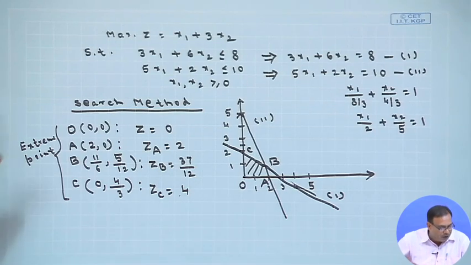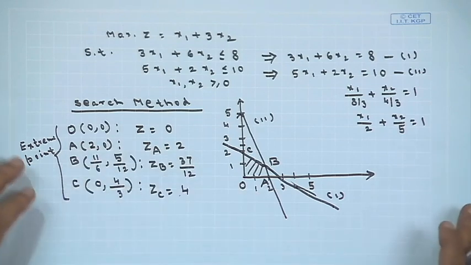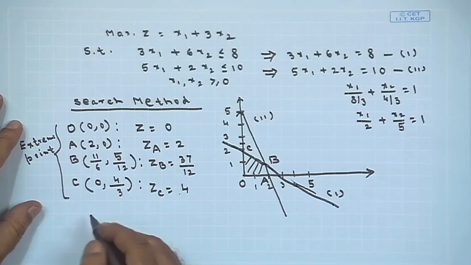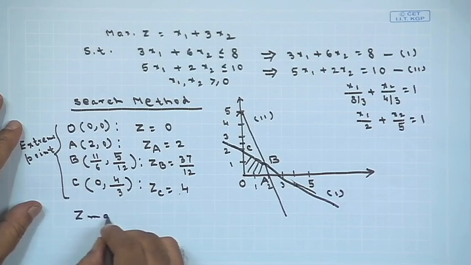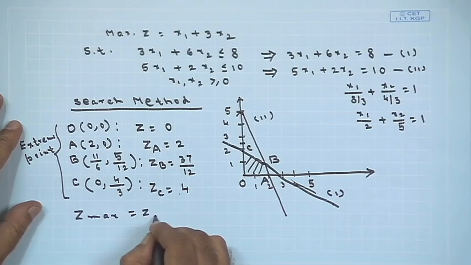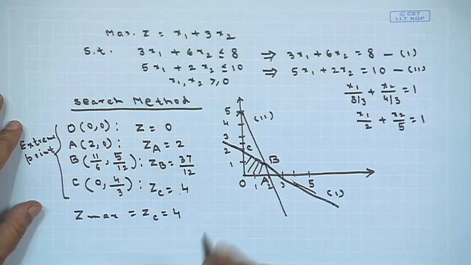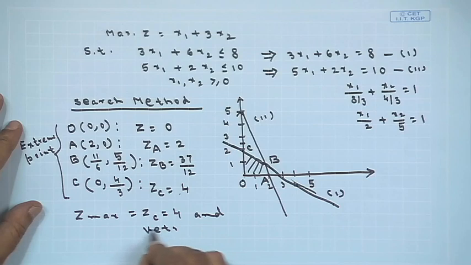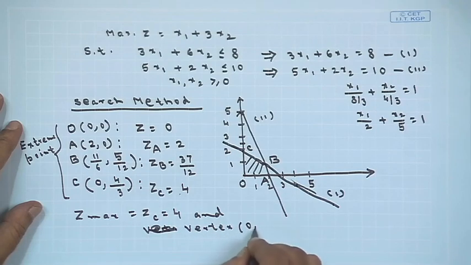Therefore, Z max is 4, Z max equals ZC equals 4, and the corresponding vertex is 0, 4 by 3.